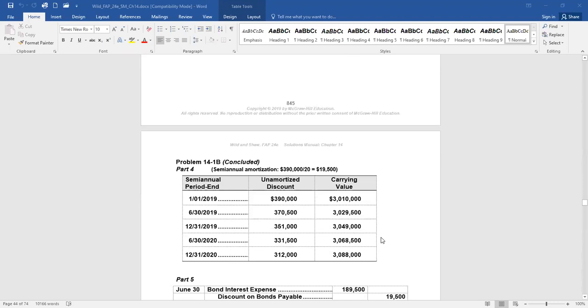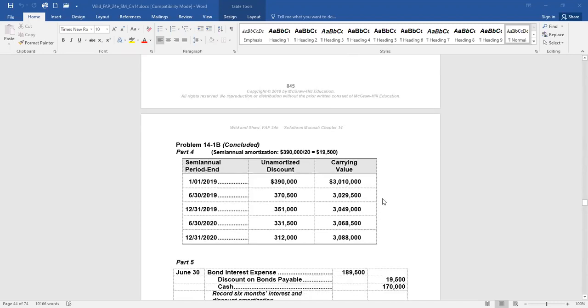Now, as far as carrying value, which is part 4, carrying value is always determined by taking the face value of the bond, and if it's a discount, subtracting the discount. So the face value of this bond is $3.4 million.